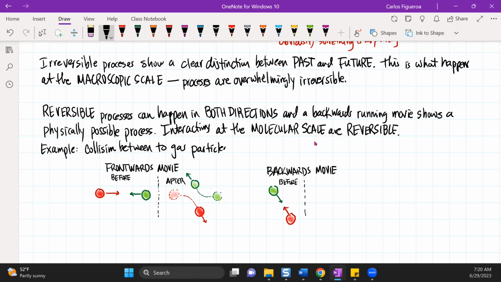And then afterwards, we're seeing that the process looks like this. It starts off here, and then this one goes in that direction.